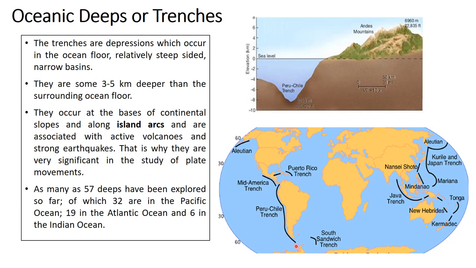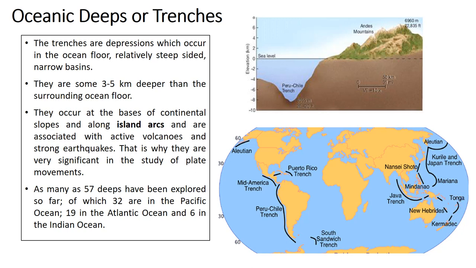So I want you to find out what is the plate located here and what is the plate located here. This is the margin between those two plates, and it forms the longest trench, the Peru-Chile Trench. And then we have all of these other trenches over here, the Java Trench. Usually they are associated with plate margins.